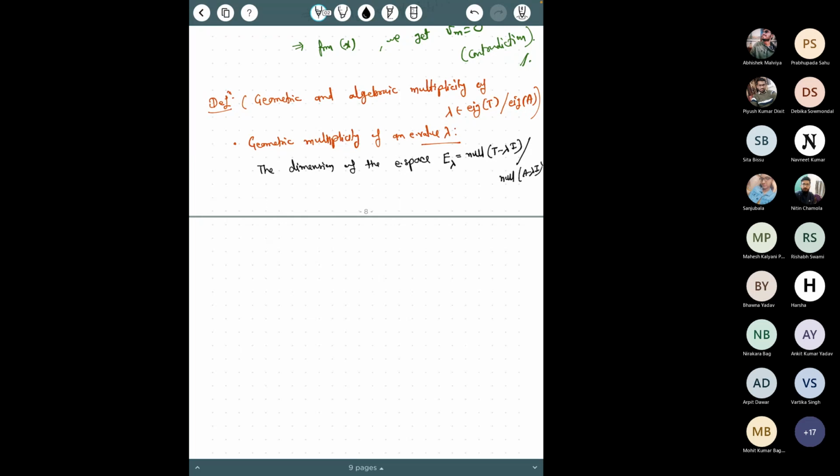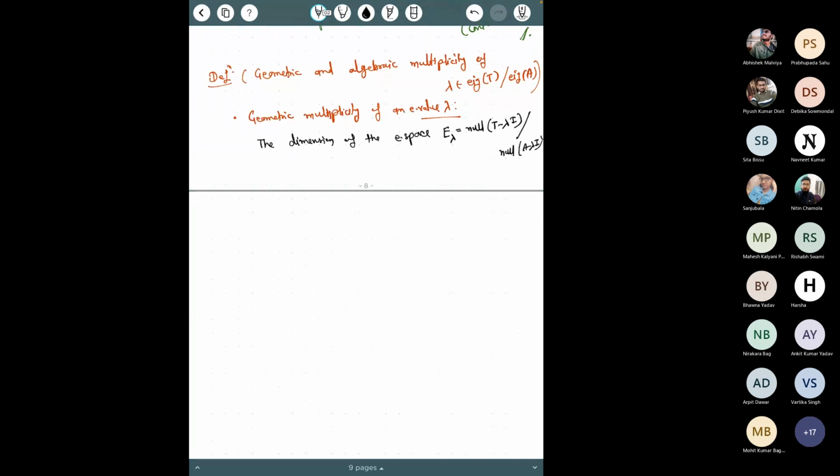Similarly, we can define the algebraic multiplicity of an eigenvalue lambda.